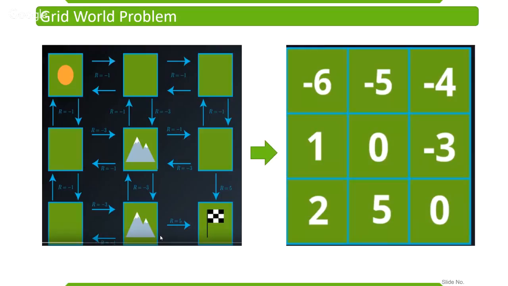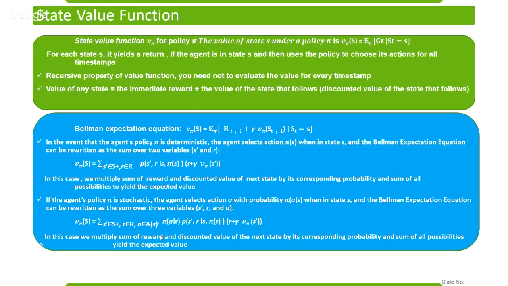Now let's move on to the next topic, which is linked to this grid world problem. There is a lot of maths that we bring to the table with the state value function calculation. The state value function is denoted by V for a policy pi.